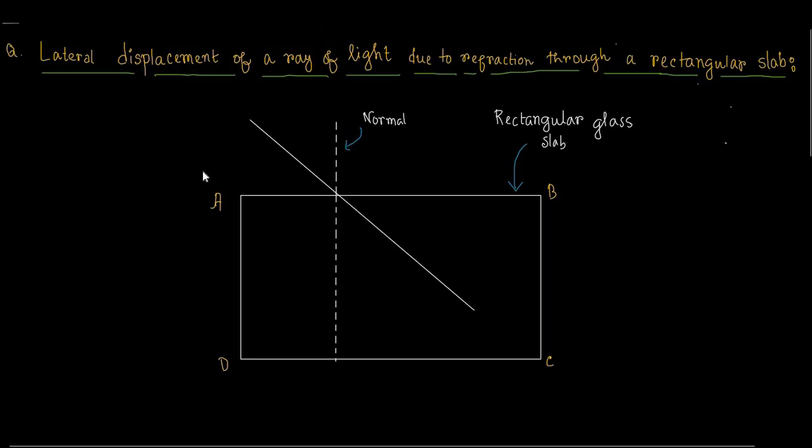Here we can show the incident ray. PQ is the incident ray which is incident at the point Q on the first refracting surface at the angle of incidence I1.